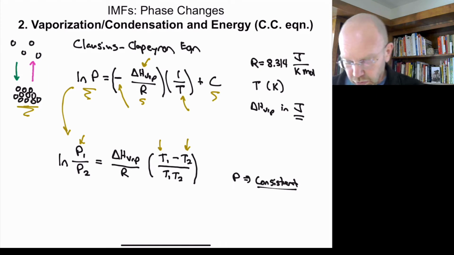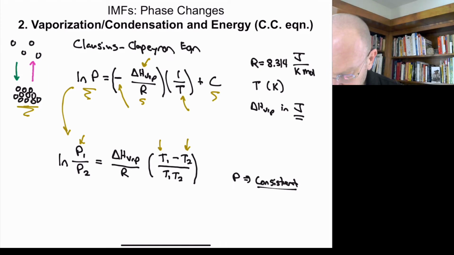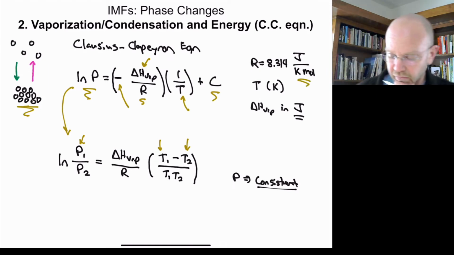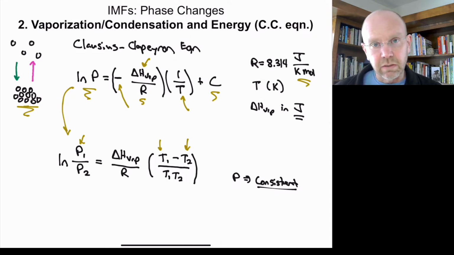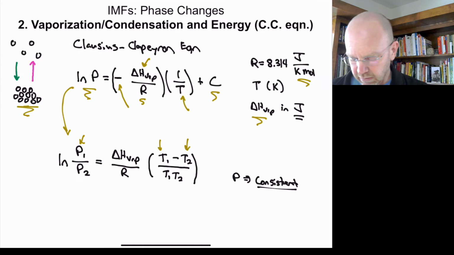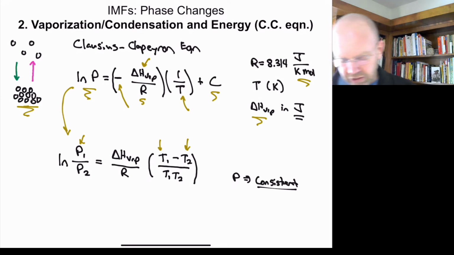And so units are important here. So the gas constant, we're going to use it in the form of 8.314 joules per Kelvin mole. What that means is we have to convert all of our temperatures to Kelvin so that we're in the same units. Usually when we look up delta H's of vaporization, they're in kilojoules per mole, so we need to multiply those numbers by 1,000 to make sure they're in joules per mole so that the units match the R constant.